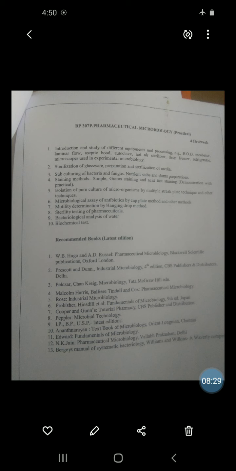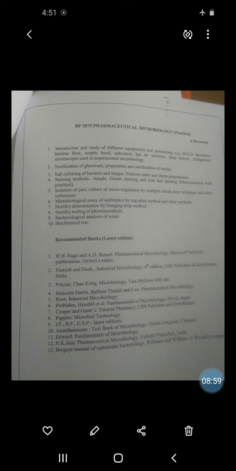This is the procedure, objective, requirements, and conclusion of this practical, the motility of bacteria by the use of the hanging drop technique. Yes, I will stop here.